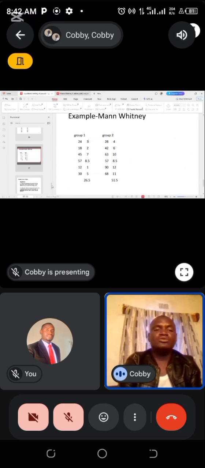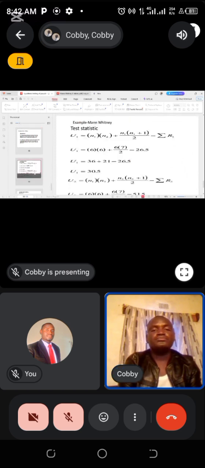So we are just going to replace these values in our formulas. We have N1, which is 6. So it's going to be 6 times 6 plus 6, and 6 plus 1 is going to give you 7. So this is where 7 is coming from.